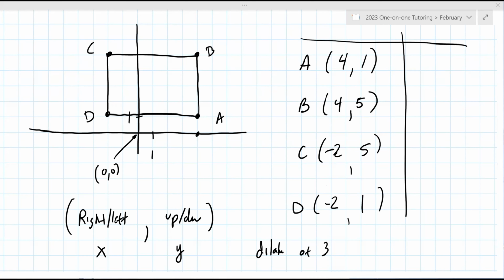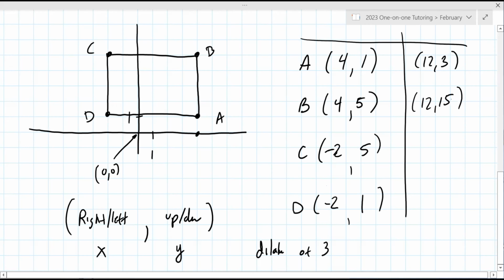Okay, so A would be 12, 3. B would be 12, 15. Good. C would be, I think, -6, 15. Good. Keep going. And then D would be -6, 3. Good. Okay, very good. All right.